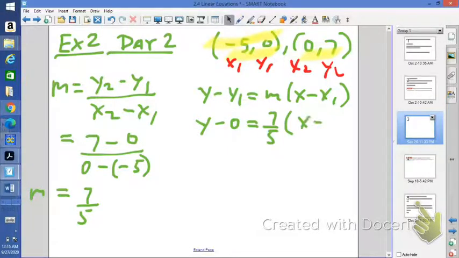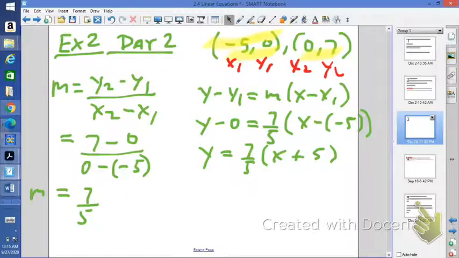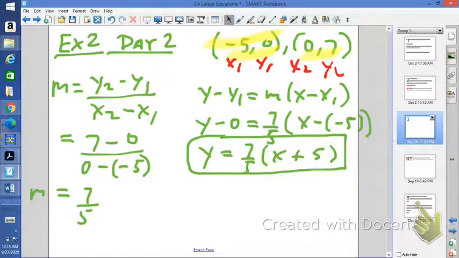And then x minus my x sub 1, which is a negative 5. Alright, I have y minus 0. Well, y minus 0 is just y. And that's going to equal 7/5 times x plus 5. So there is point-slope form.